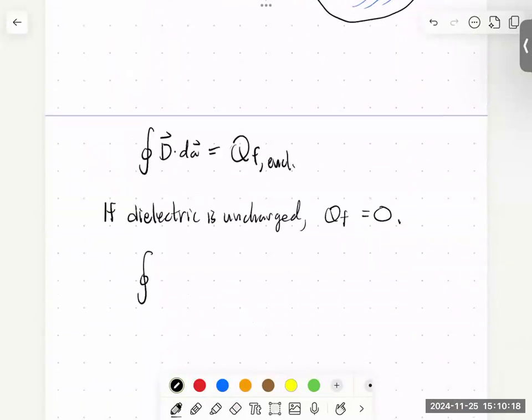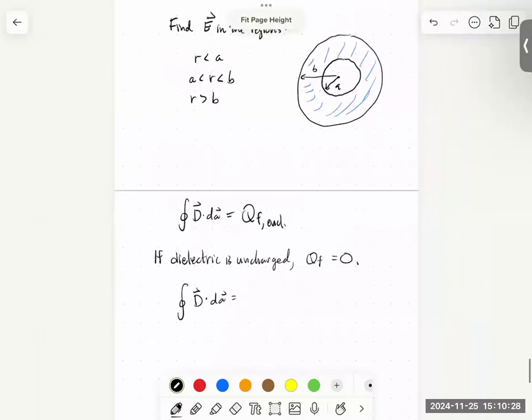And so in all regions, we'd have that the integral of D dot dA, and this time I have a sphere, right? So if I was to draw a Gaussian surface, it doesn't matter really where I draw it. I'll draw it inside the dielectric.